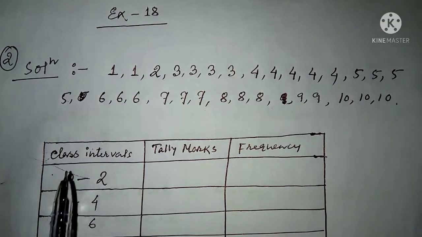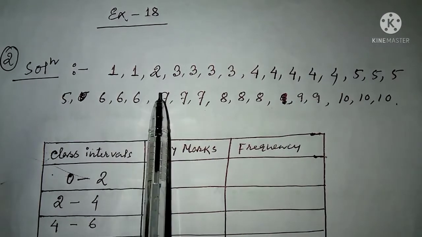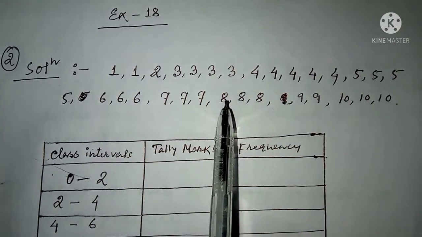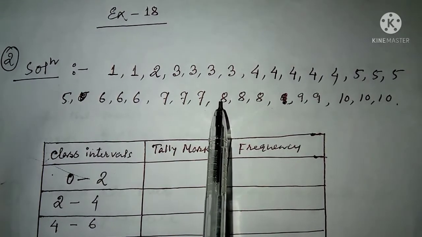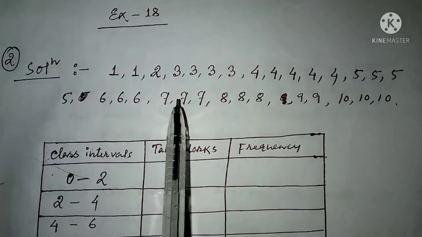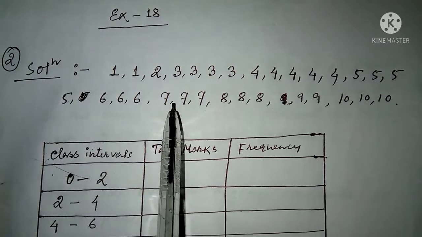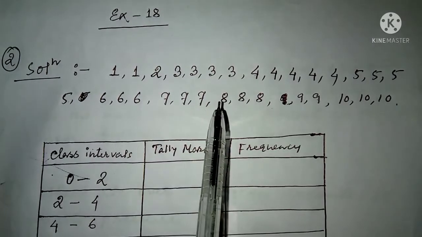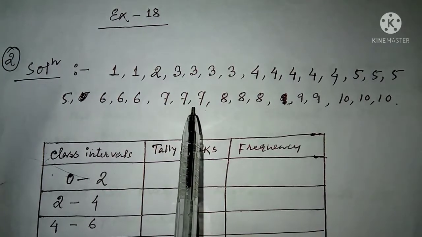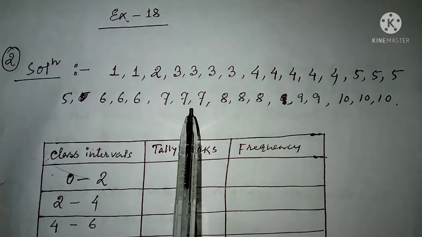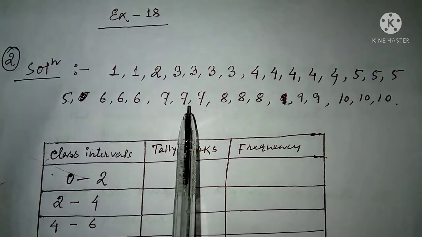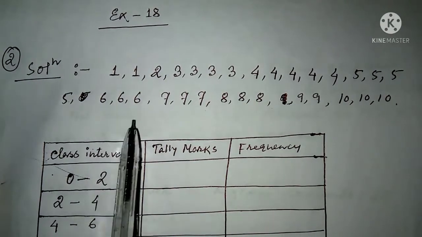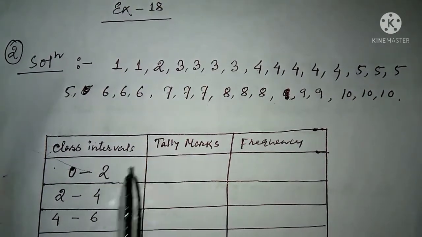Students, here I have arranged all the entries in ascending order. In our previous classes and in your introduction section, I have said that whatever data is given to you, first you need to arrange it in ascending or descending order, so that it will be easier for us to make this table.